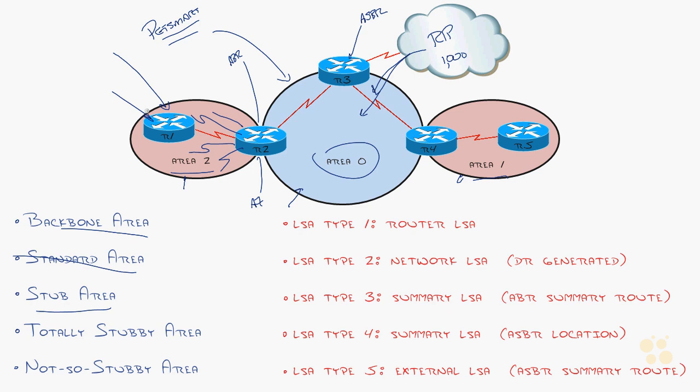I mean, honestly, you might say, well, yeah, doesn't he have to reach them? Well, yeah, but does he need all the specifics? Does he have to have 1,000 routes, or could he just have a default route saying, you know what, everything that I don't know about, send to router 2, and let router 2 take that burden. Maybe we buy a little beefier router for router 2, and it can handle a larger routing table, where all the routers in area 2 just have a default route for the RIP routes out there. That is the description of a stub area.